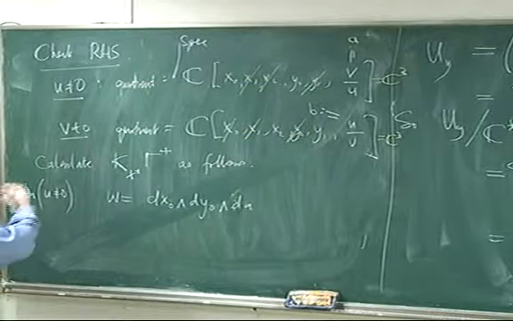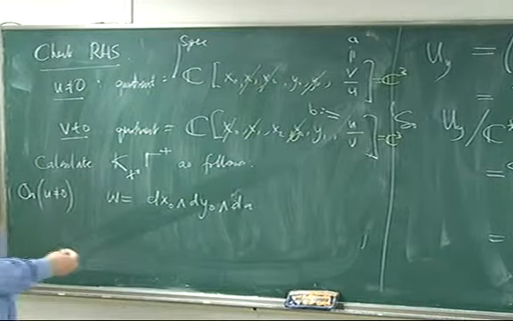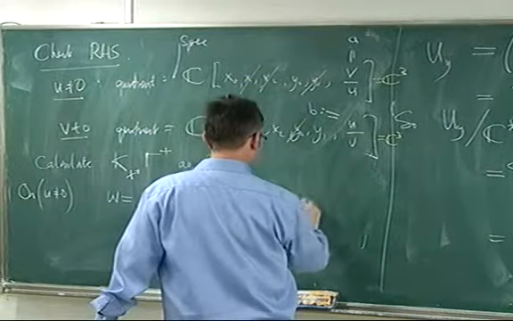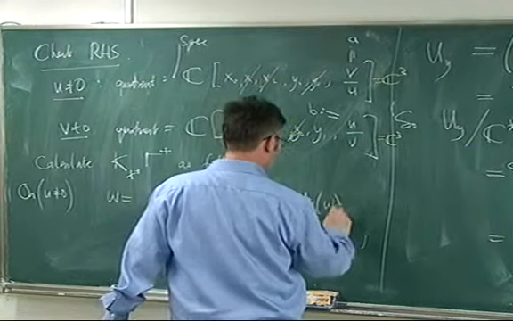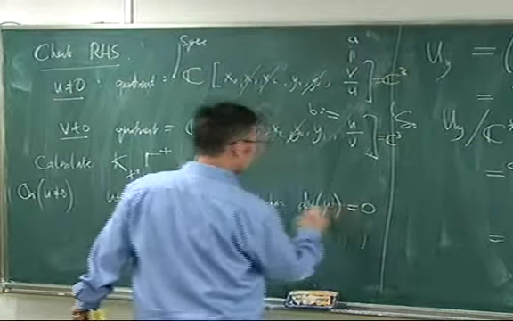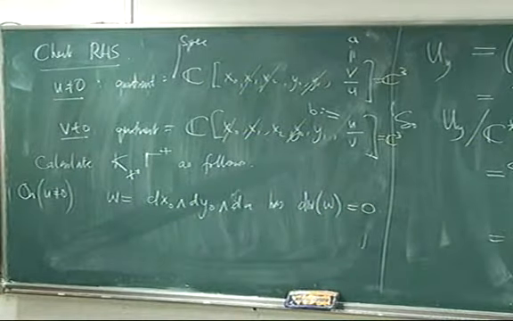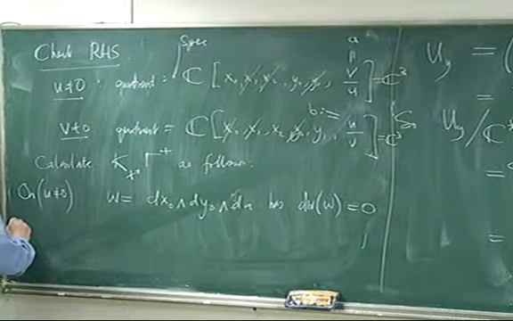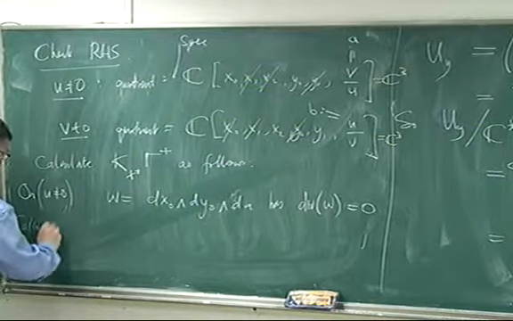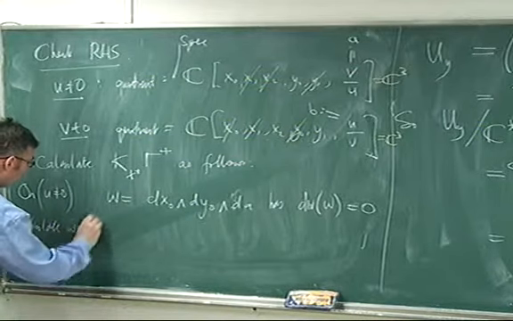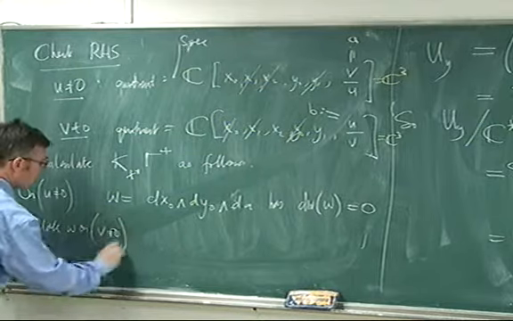It has no zeros or poles, so the divisor of omega is nothing at all. That's fine, but now I have to look at it on the other affine patch and see whether it picks up any zeros or poles. So calculate omega on v is non-zero.